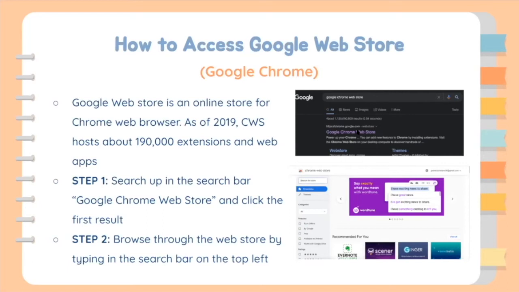The next step is to browse through the web store by typing in the search bar on the left. You can either search in the search bar, or you can go to this categories section here and filter through what you want to see. So there are different types of games and different types of extensions that you can add and make your user interface very appealing and very nice to look at, I guess.